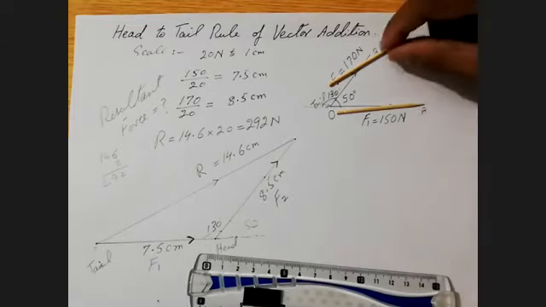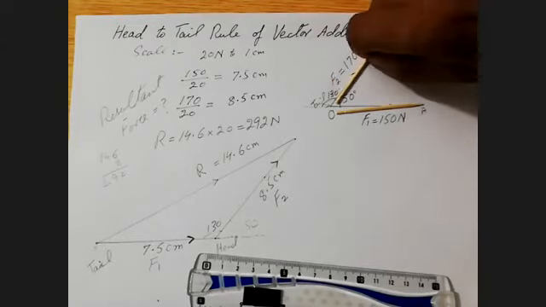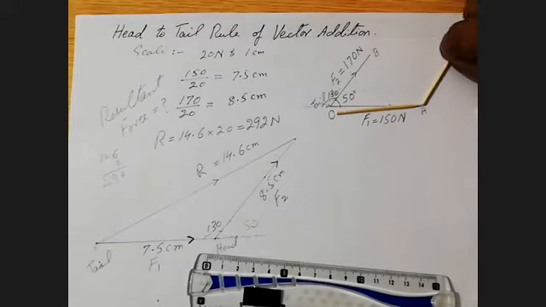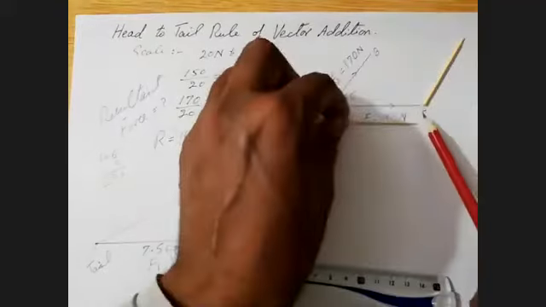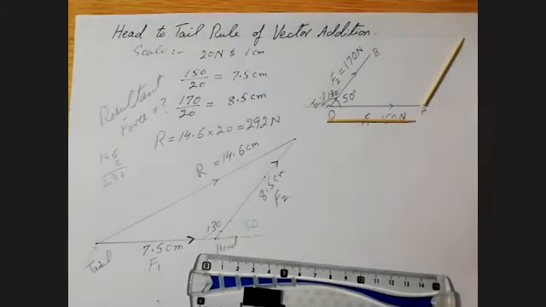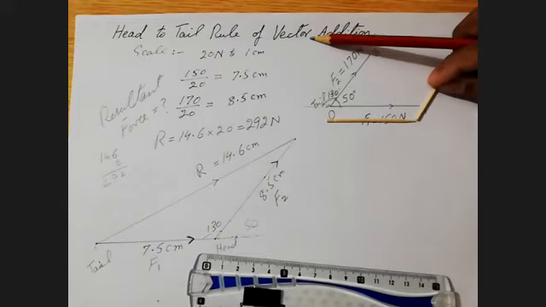I am picking this vector and putting it at the head of this one, because here the head of this vector is joined with the tail of the other vector. Okay, these are joined basically.